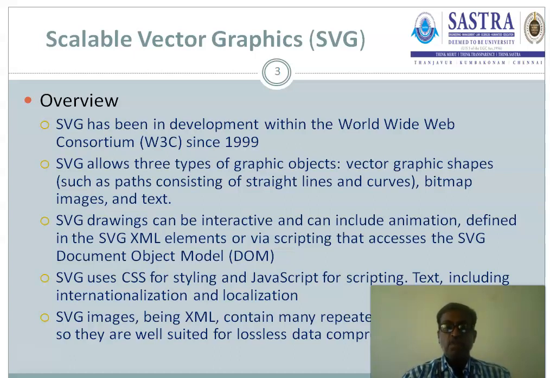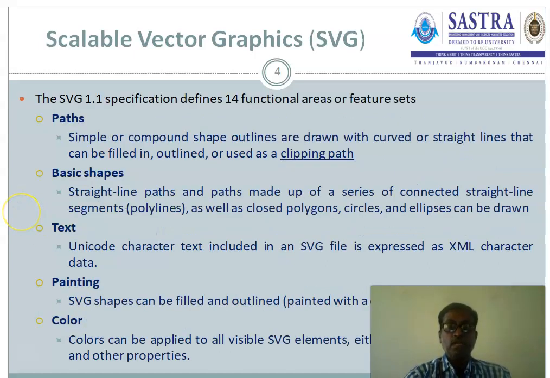In such a case, it is well suited for lossless compression algorithms. We are easily able to apply lossless data compression techniques to SVG images, because SVG images contain repeated fragments of text. That is another benefit of SVG.